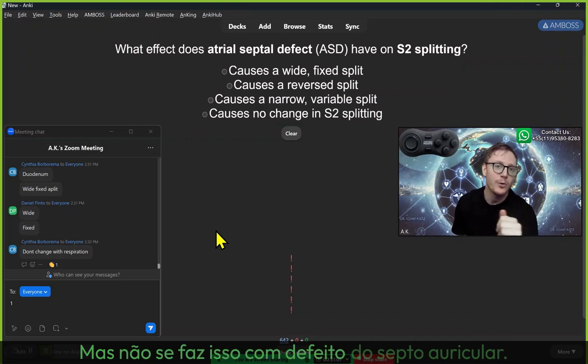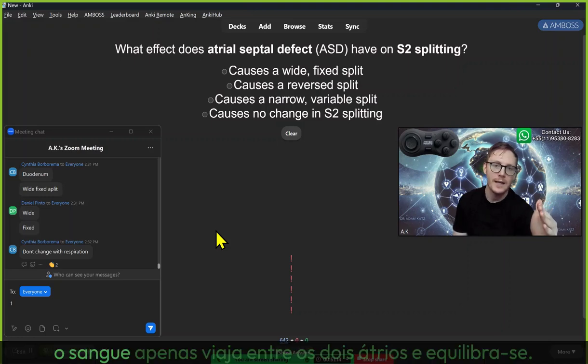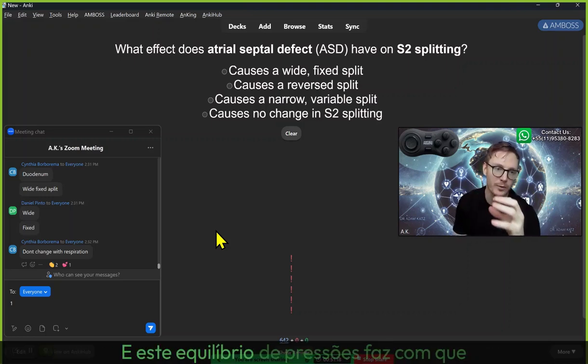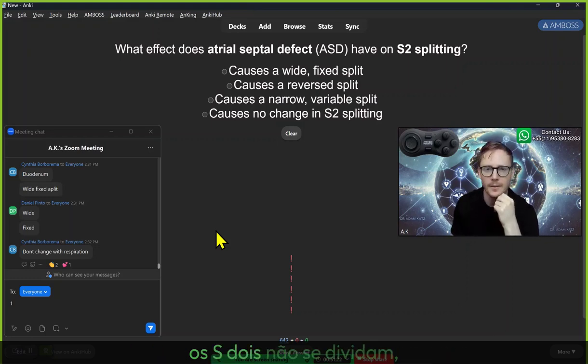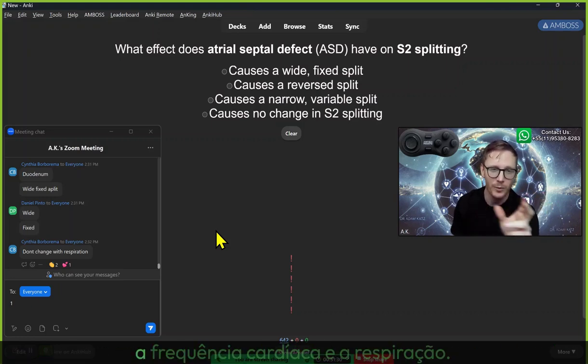But you don't with atrial septal defect. Why? Because when the intrathoracic pressure goes down and the venous return goes up, the blood is just traveling between the two atria and equilibrating, and that equilibration of pressure causes the S2 split not to vary. It's a wide S2 split that is fixed, as opposed to varying with heart rate and breathing.